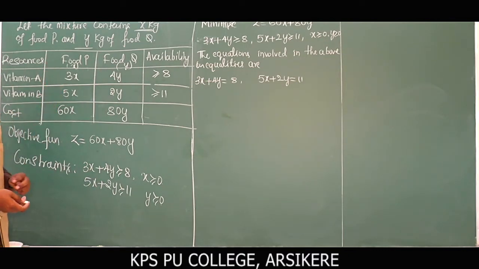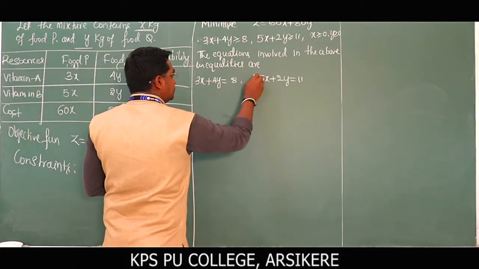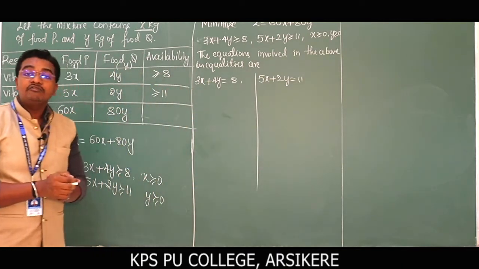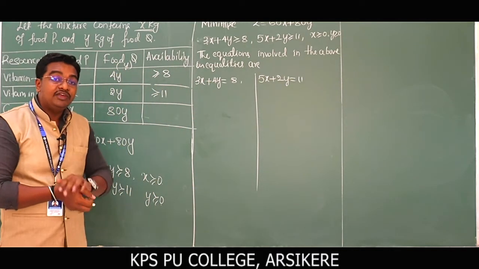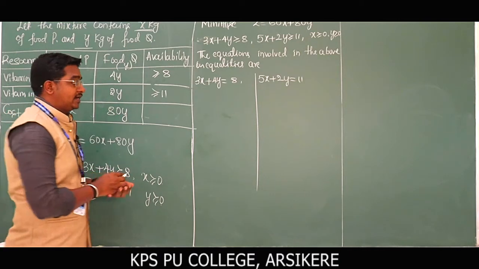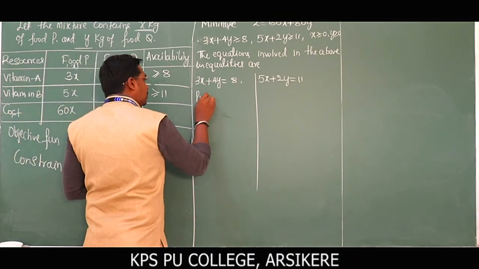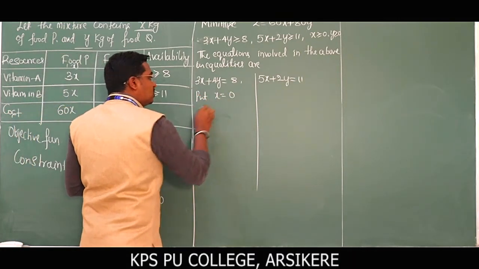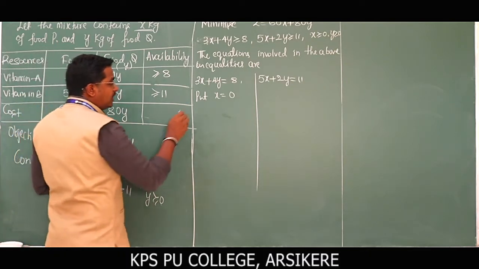So go with these two equations. Then find the points of intersection of these equations with the x axis and y axis. For that purpose, put x is equal to 0. Substituting x is equal to 0, what are we left with here?